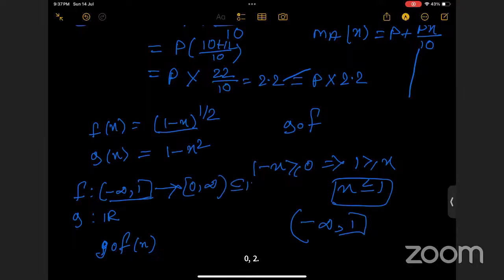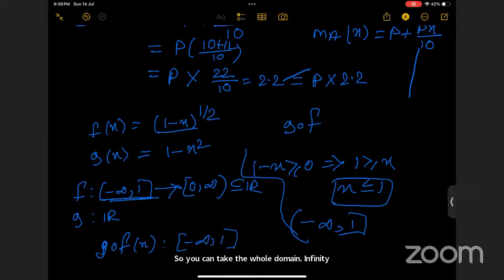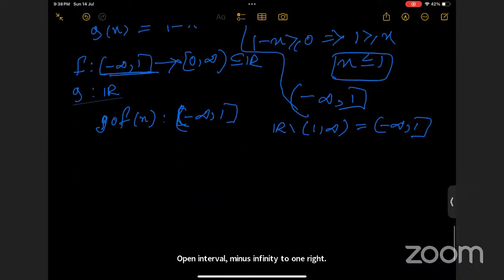So this is again a subset of real numbers. So we can take the whole domain, minus infinity to 1, right? Yes, ma'am. Okay. So the open interval minus infinity to 1, right? So option 4 is clearly correct.